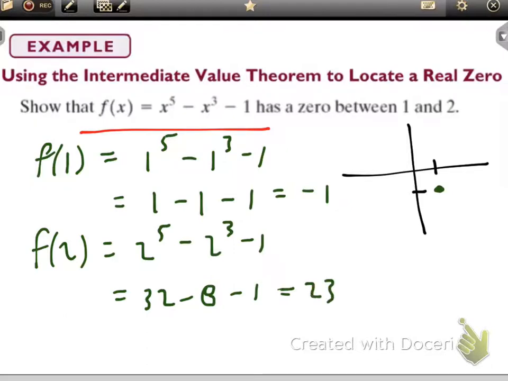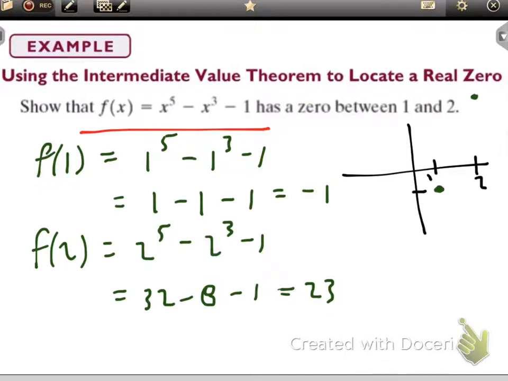So way up here somewhere, I can't do that. Sorry, the iPad is acting up. We can see that when x is equal to 2, the y value is way up here in the first quadrant. When x is equal to 1, the y value is down here in the fourth quadrant.